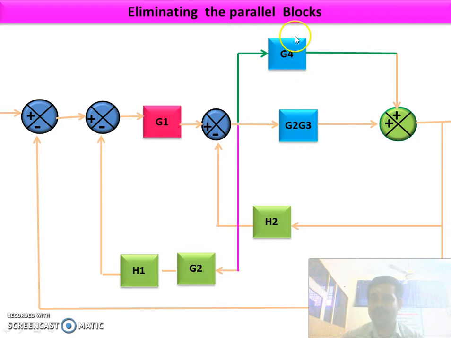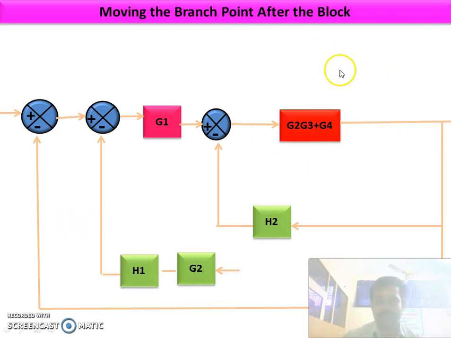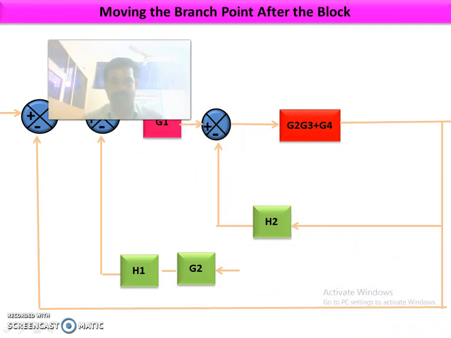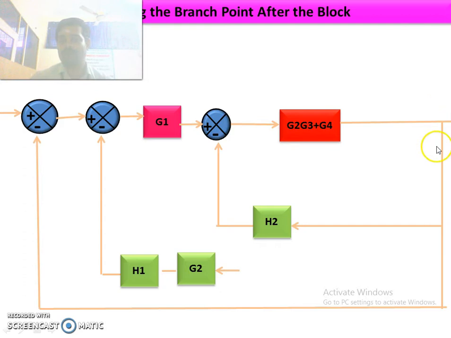So we can combine these two into one block, and the gain of this block is nothing but G2 G3 plus G4. So we are eliminating this parallel block, and after eliminating it, you are getting G2 G3 plus G4.